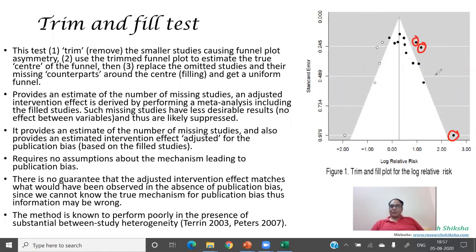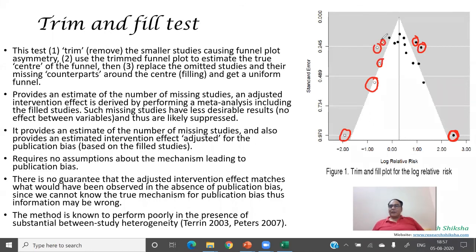So one by one, I will remove all the studies which have a small sample size or which are lying outside the funnel, to check what impact they have. Right? If I include them, how does the effect size change? If I exclude them, how does the effect size change? After that, I will make the reciprocal of these studies, represented by the white dots.